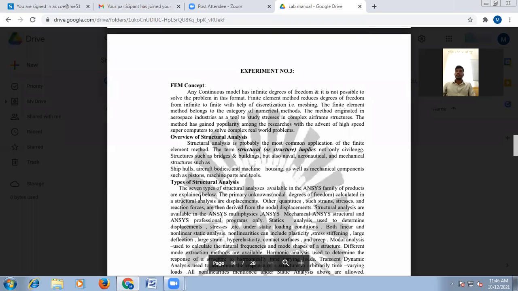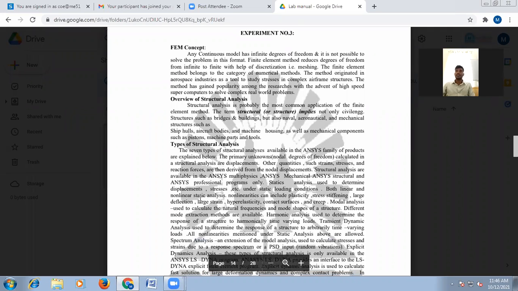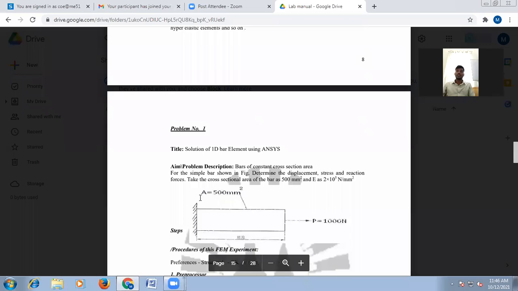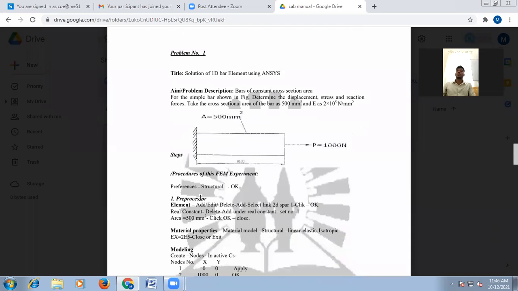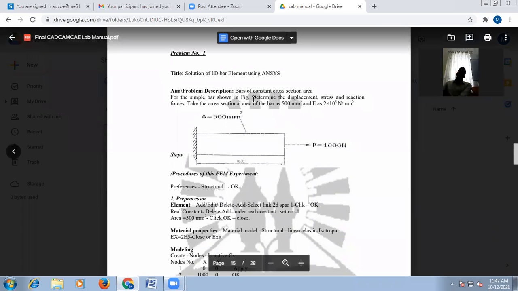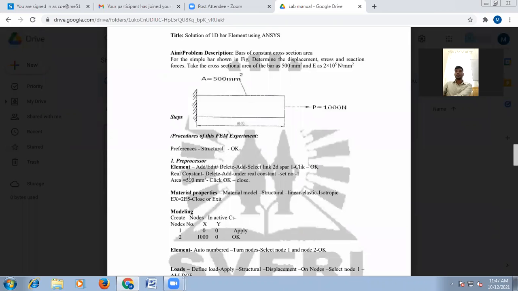Then third, the FEM experiment. It's totally carried out on the ANSYS software. How to carry out a single one-dimensional bar element analysis on this ANSYS software. So this is the problem statement, the first problem statement for the structural analysis. Now you can see this is the title, then problem statement, drawing, and procedure. You have to just focus on this procedure.